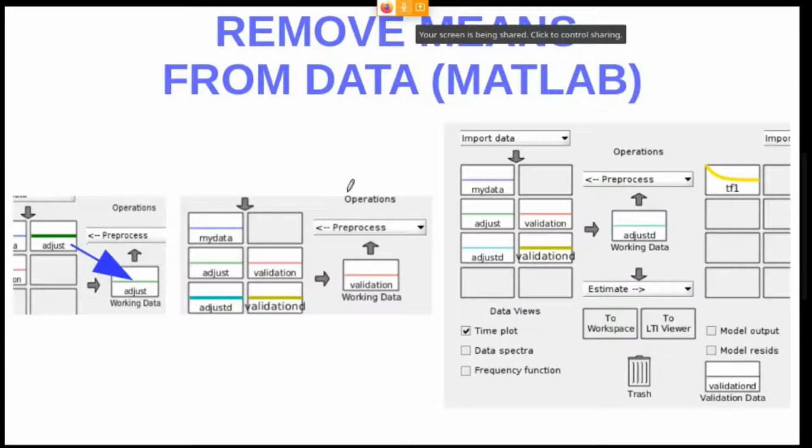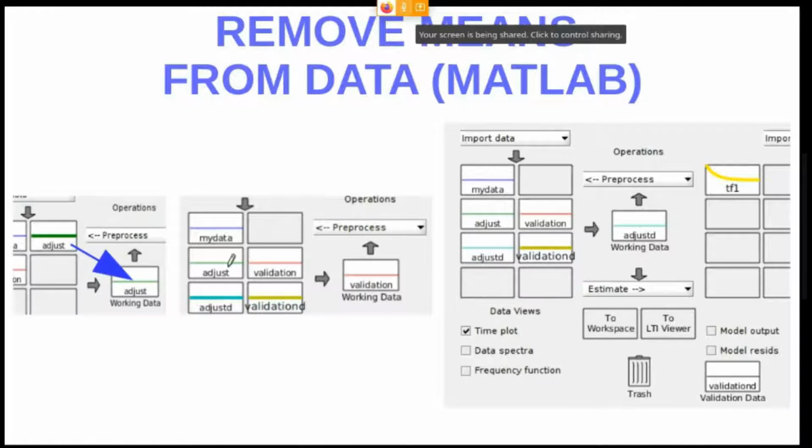Then the important thing, to remove the means from data in the MATLAB environment, obviously. So you drag and drop this adjust data set in here, and you click on pre-process, and then in this pre-process, you are expected to choose remove means, right?